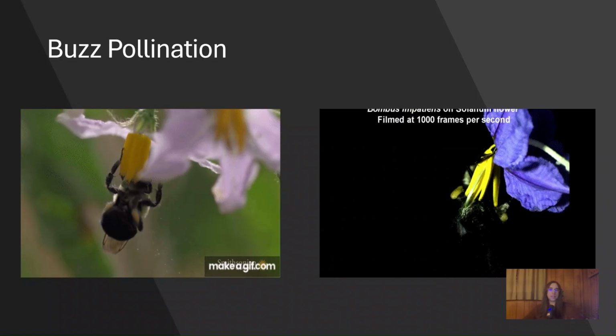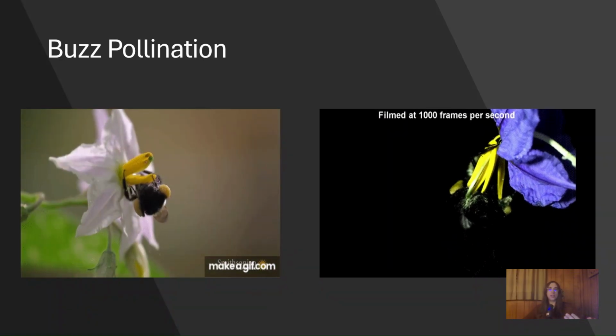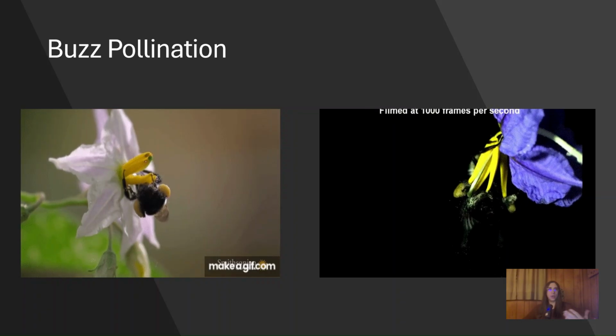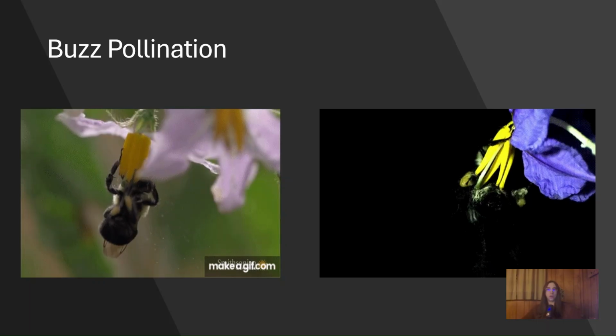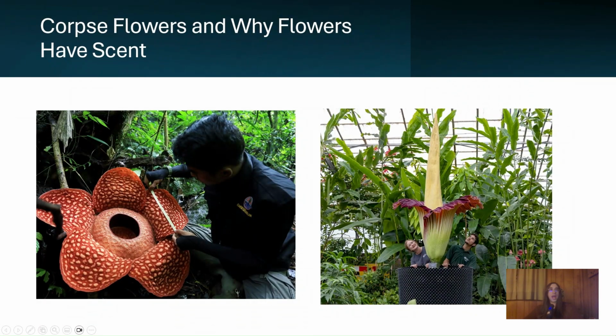And this actually segues pretty nicely into the flower adaptation section, and one of the strangest adaptations that I have ever heard about in the flower kingdom, which is corpse flowers. So on the left, you have a stinking corpse lily, and on the right is a Titan arum.